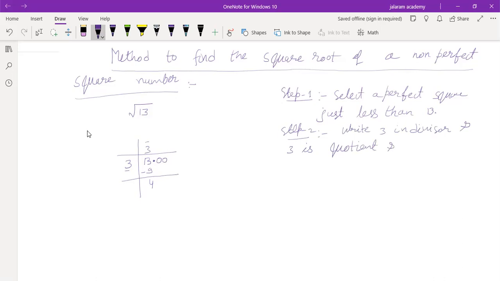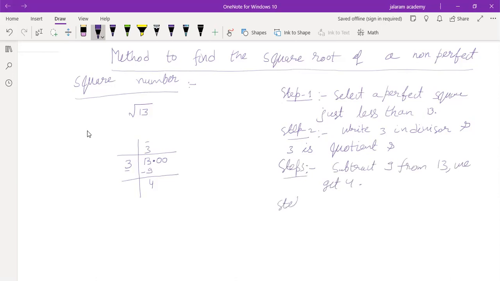And step 3. Subtract 9 from 13. We get 4.